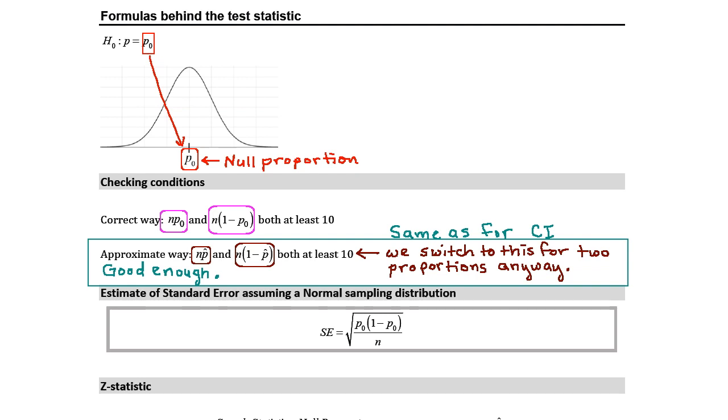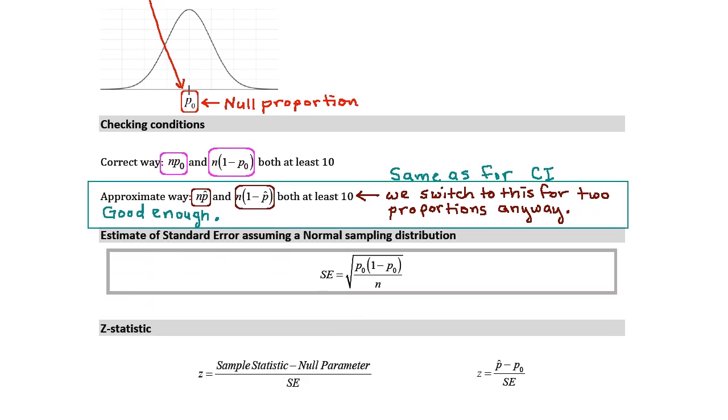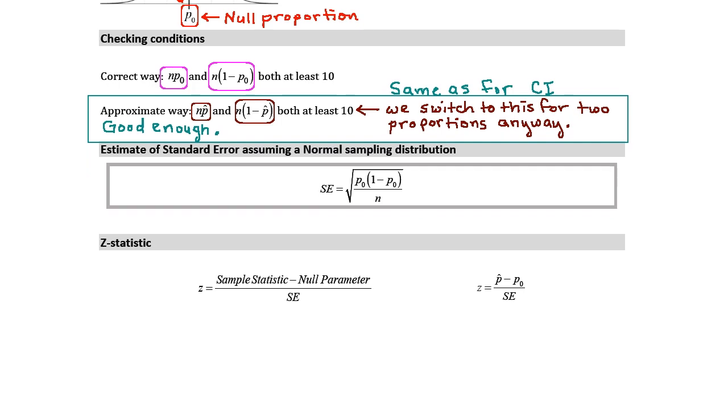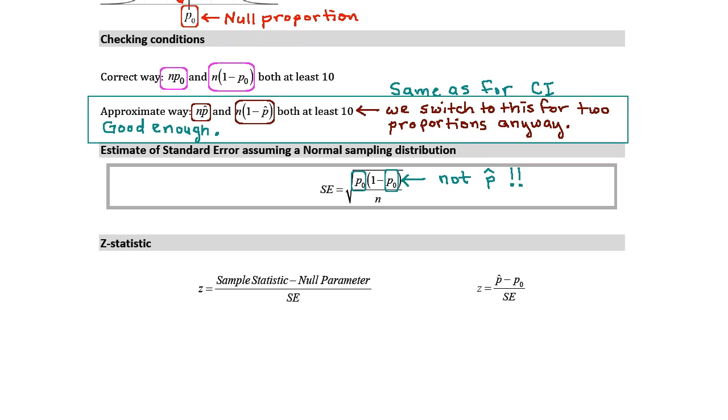Now, our estimate of standard error when we're using a normal sampling distribution, our standard error formula, is also very similar to the one that we saw for a confidence interval, but note that this also uses the null proportion instead of the sample proportion. This we will follow. Since we have to calculate it anyway, we may as well calculate it correctly. And again, it's still for the same reasons.